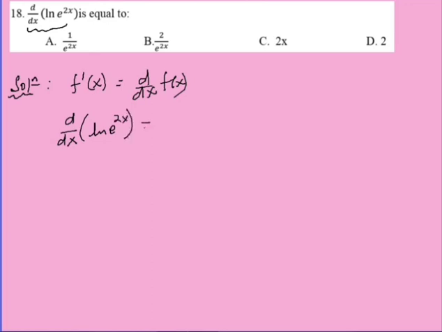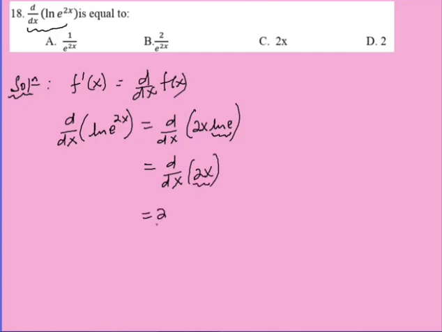Ln of e to the power of 2x by itself is written as 2x times ln e using the property of logarithm, but ln e is 1, so this is the same as d by dx of 2x. The derivative of 2x is 2. Therefore, the answer for this is 2.